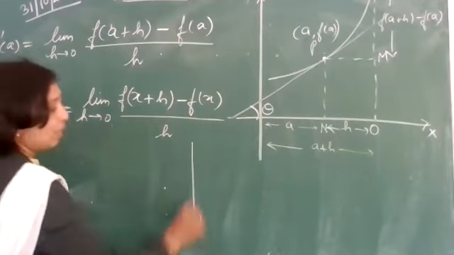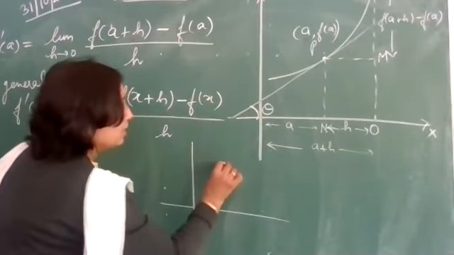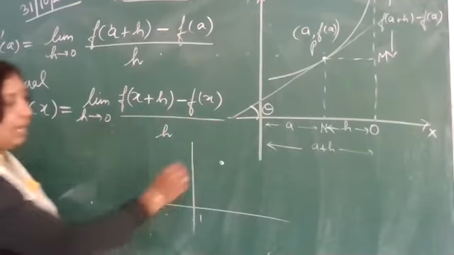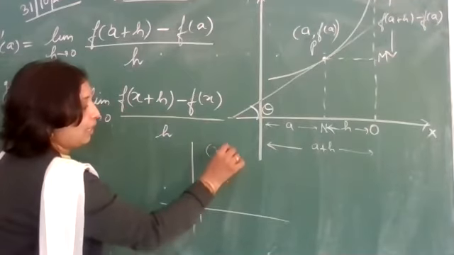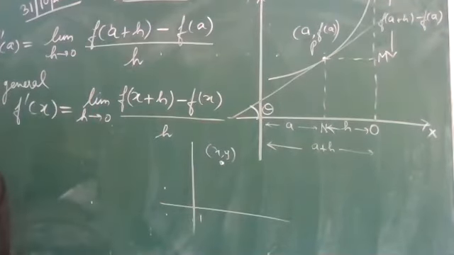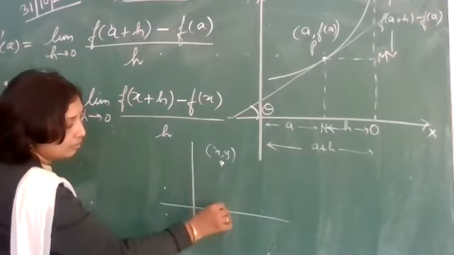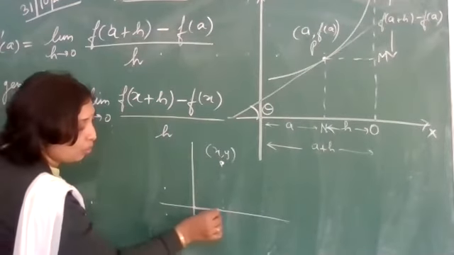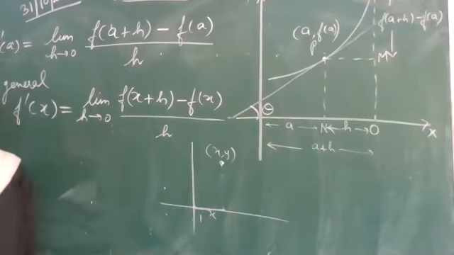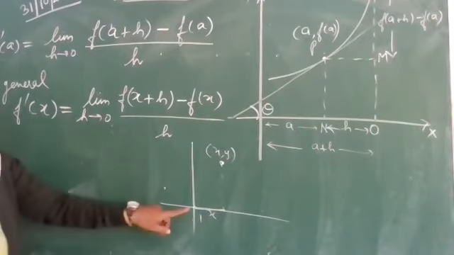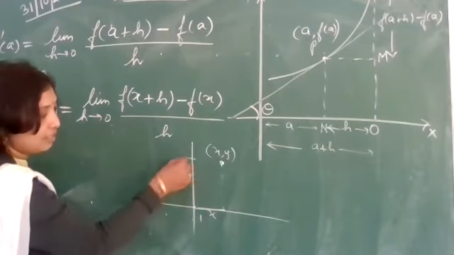When we are talking about a curve and a point having the coordinates x, y, what does this mean? The distance from the origin on the x-axis is x, and the distance on the y-axis is y.